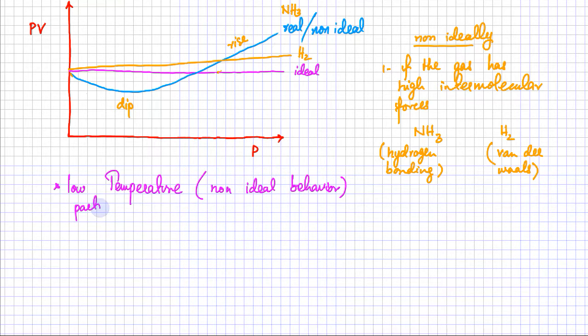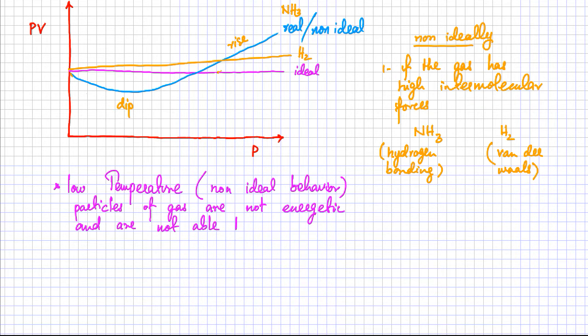So particles of gas are not energetic enough to overcome intermolecular forces, which would mean that whenever a gas is at low temperature, it's going to behave very non-ideally because intermolecular forces become more dominant.